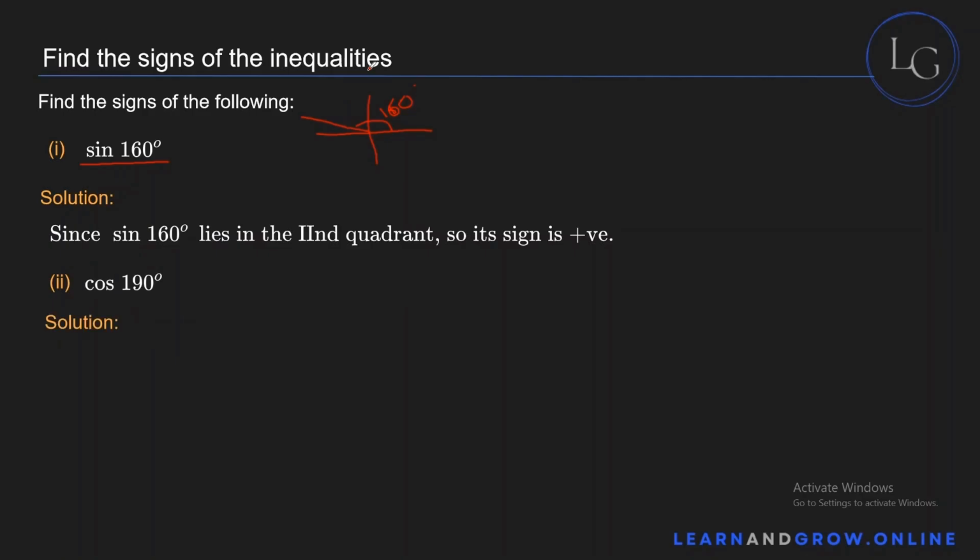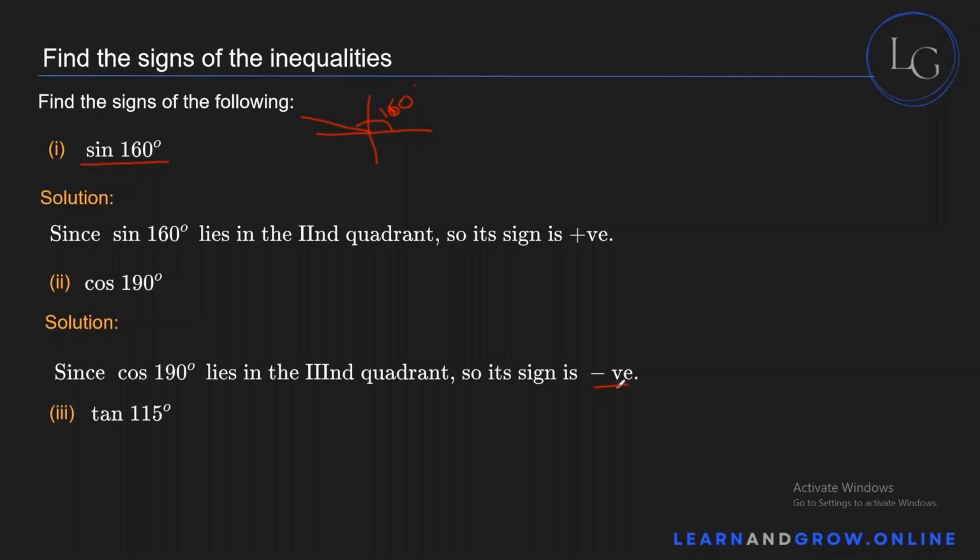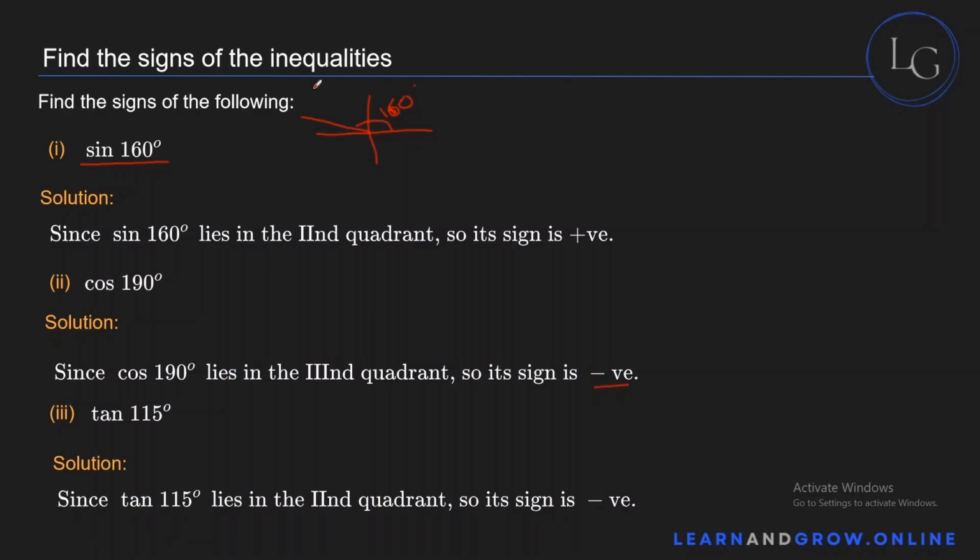Similarly, cos 190 lies in the third quadrant, and we know that in the third quadrant only the tangent functions are positive, so cos 190 will be negative. And let's say we have tan 115, that lies in the second quadrant, and we already know that in the second quadrant only the sine functions are positive, so tan 115 degrees is negative.